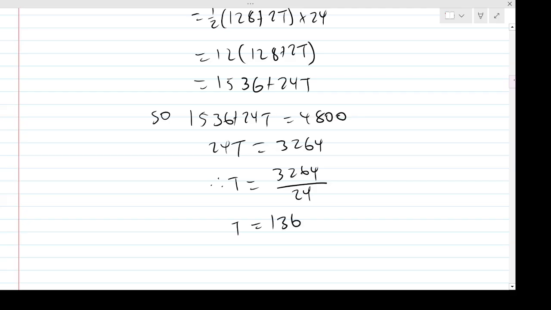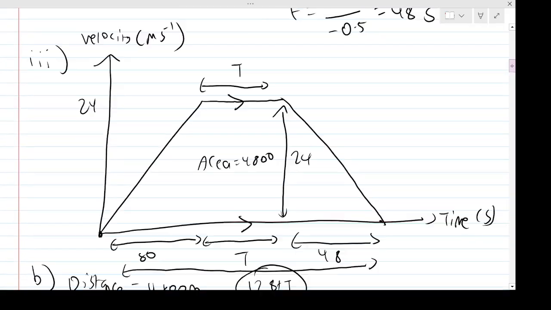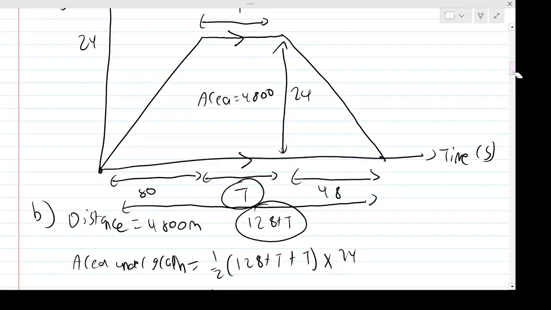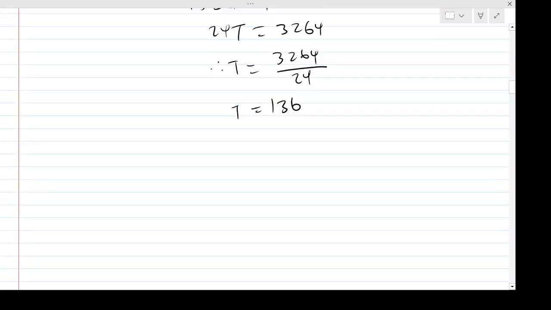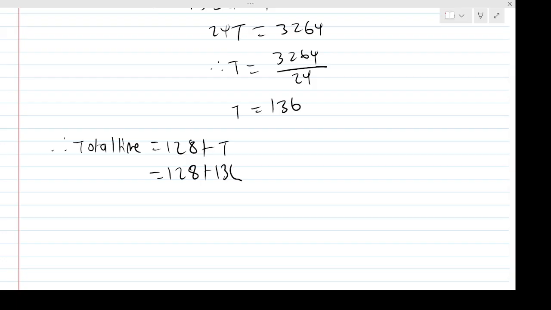But that's not the total time, that's just t. That's this length here, t. The total time is 128 add t. So 128 add t is going to be 128 add 136, which would be 264 seconds.